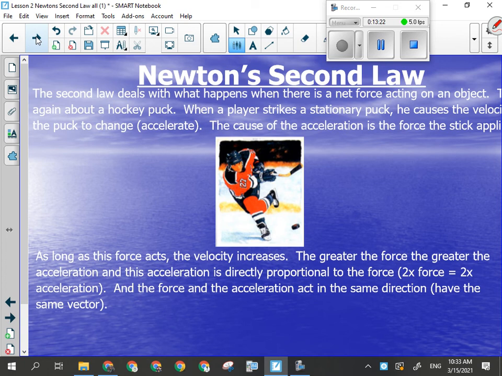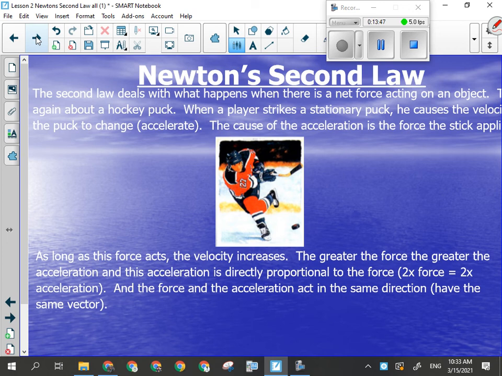Okay. This thing should only be accelerating as long as there's a what present? A net force. So, once the puck leaves the stick, assuming the ice is frictionless and it stays along the ice, the puck should do what? Okay.